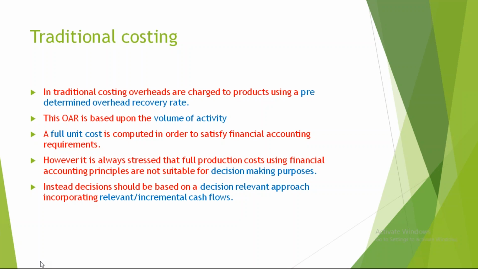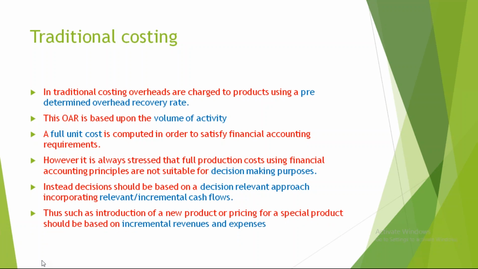But for short term, in bad times, in difficult times, you can use relevant costing as a good pricing strategy to knock off your competitor and also to recover some part of overheads which otherwise will remain unrecovered. So this is what we basically looked at in P1, but in P2 also we come across incremental revenue and incremental expenses.